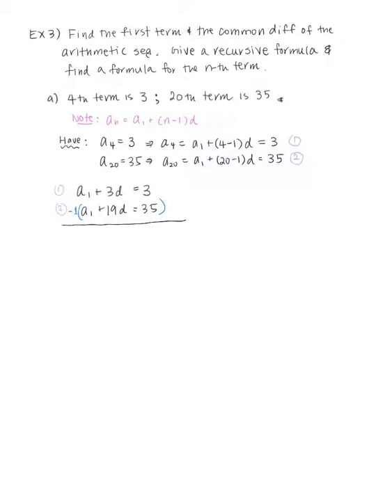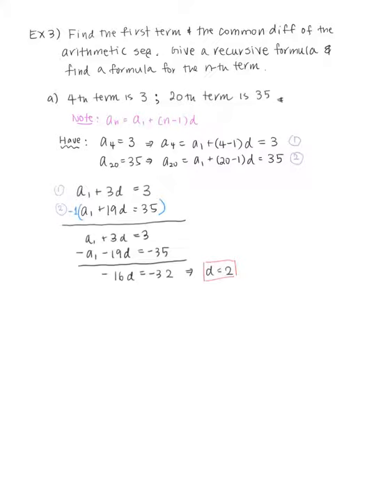So then what we're going to get is a sub 1 plus 3d equals 3, and negative a sub 1 minus 19d equals negative 35. Now, if I use the addition method, a sub 1 is going to cancel out. Here we get negative 16d equals negative 32. So that means d is 2. So we got our common difference by solving the system of linear equations.